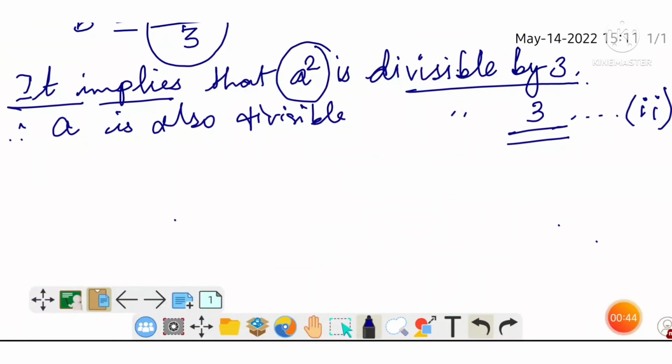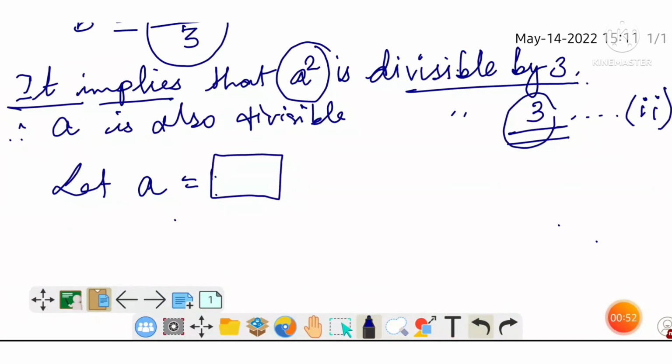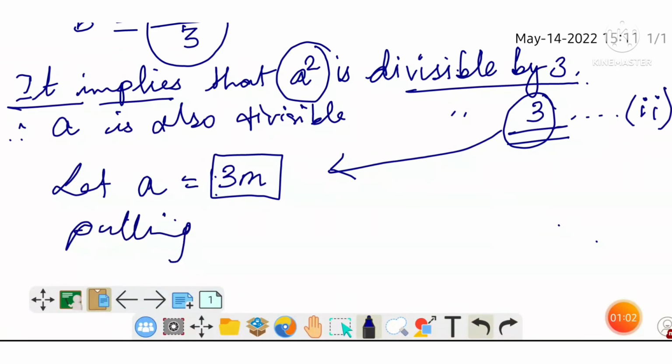Next, we have to assume the value of a is some number. That number we'll take by looking at the divisibility: it is divisible by 3, so we'll take 3m.